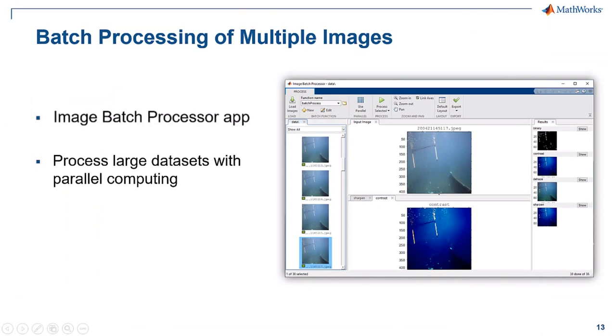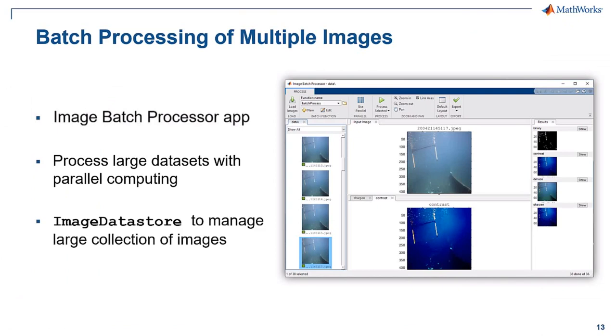As we have seen, processing multiple images is easy and can be accelerated using the Batch Processor app. Please also note that MATLAB now provides an image datastore object that makes it easy to access and manage large collections of images.